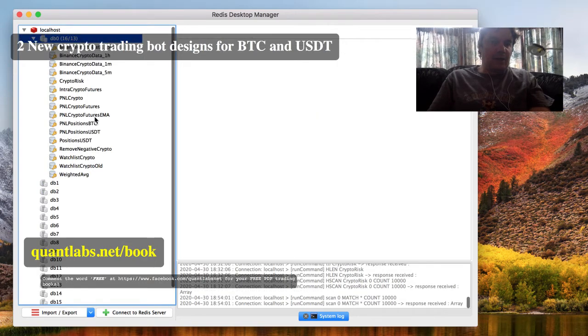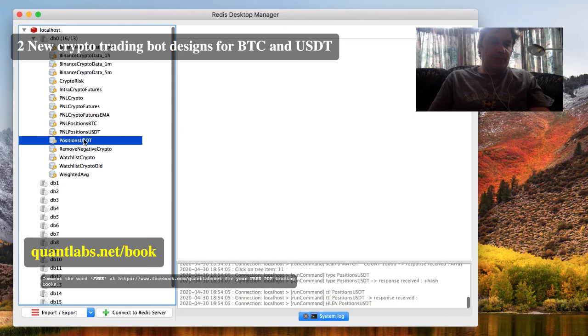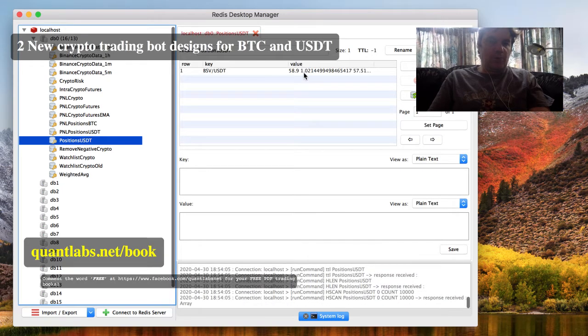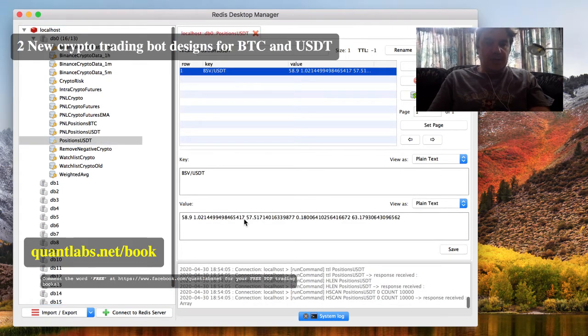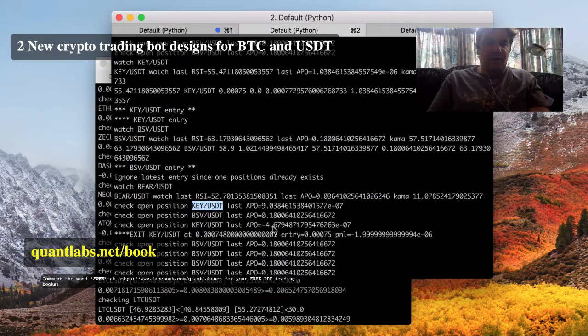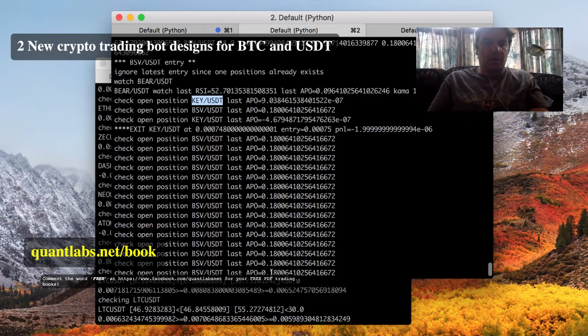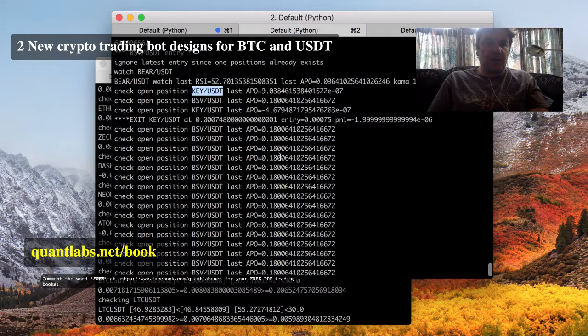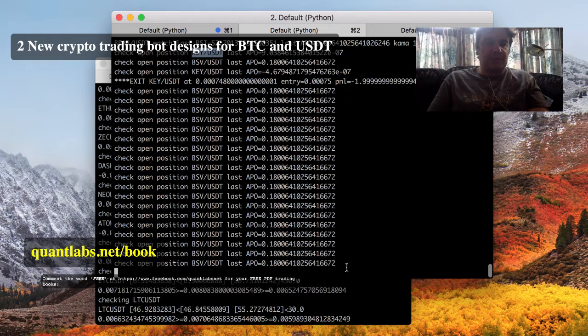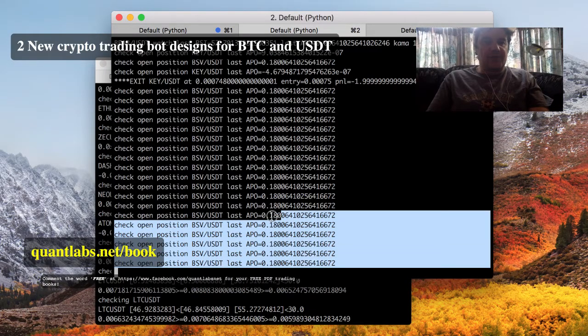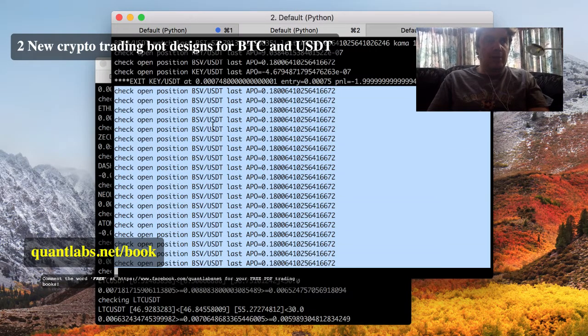In here we have this thing, positions USDT. This has been open for a while. The entry's been at 58.91, and it's just waiting on the exit side for the BSV to drop, the APO to drop, because as long as it's staying positive, which it appears to be, it will not cut the position.